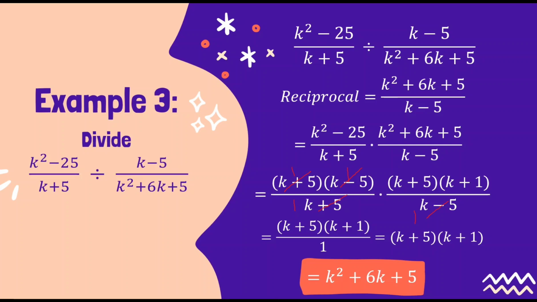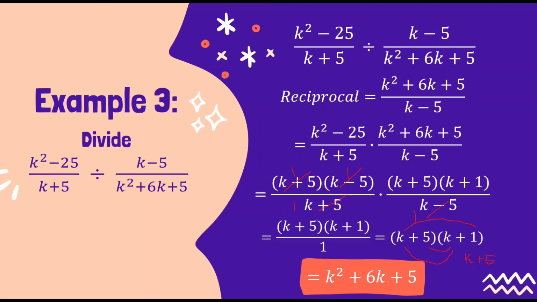So let us multiply. We have k times k, which is k squared, the product of our first terms. Then the product of our outer terms: k times 1, we have k. Then we have positive 5 times k, our inner terms, which is plus 5k.